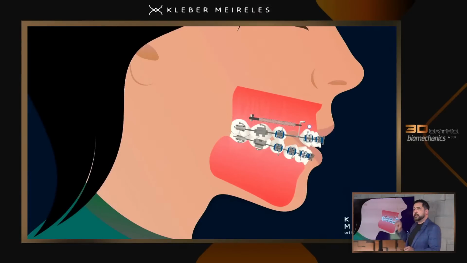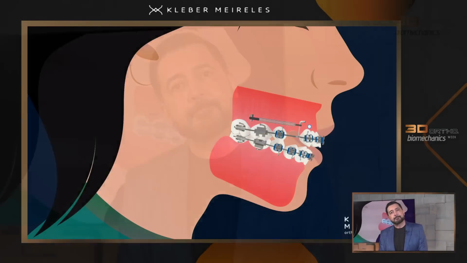But not here. Why? Because you want to decrease the lower anterior face height, and you are not decreasing the lower anterior face height this way. Actually, you're increasing it, okay?